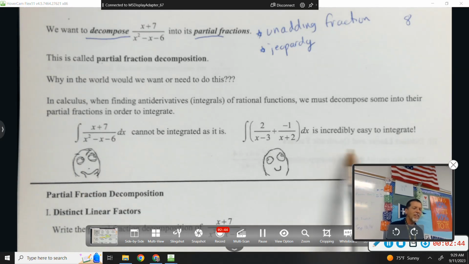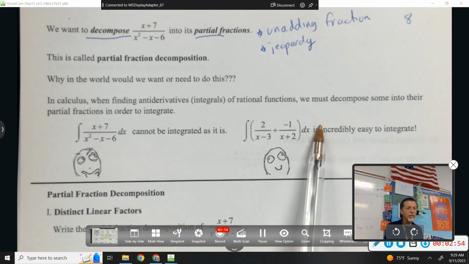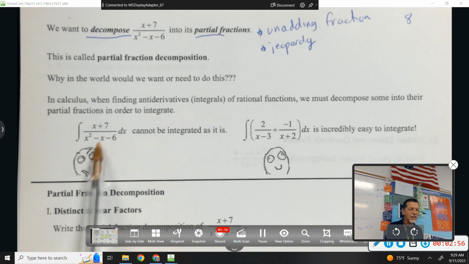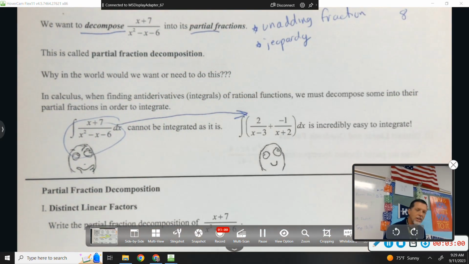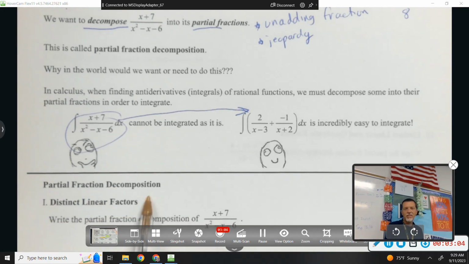Confused face. This thing is pretty easily integrated. So it's more of a calculus thing of when we need it. But this is PreCal, so we're building up those skills so that when we get to calculus, we'll be able to integrate this, not because we can integrate this, but because we can turn it into that using partial fraction decomposition. Okay, let's look at how to do this.